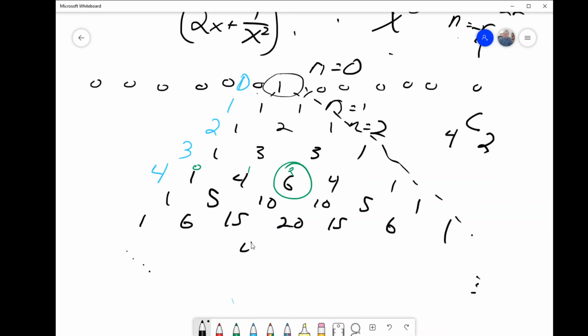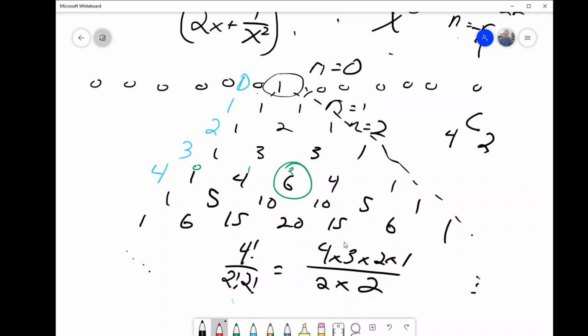So if you take 4 factorial over 2 factorial, 2 factorial, you get 4 times 3 times 2 times 1 over 2 times 2. So your denominator is 4. That cancels with this, and we're left with 2 times 3, or 6, the same as within our Pascal's triangle.